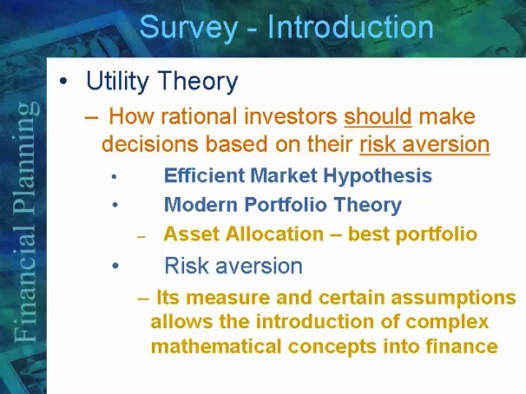You've learned about this, and so essentially the asset allocation that comes out of modern portfolio theory and the efficient market hypothesis is a utility maximizing behavior of individuals where they look at the future benefits in terms of cash flows, find the present values of those cash flows, and then figure out using correlation, etc., what's the best portfolio they can have. So this is a theory of how rational investors should behave, all right? And it's based on risk aversion.